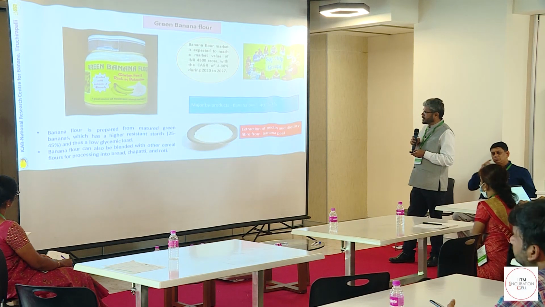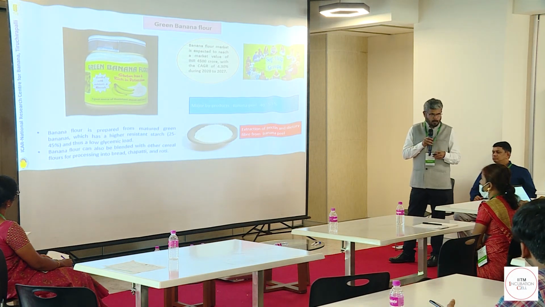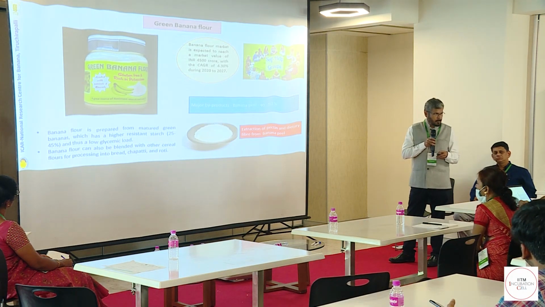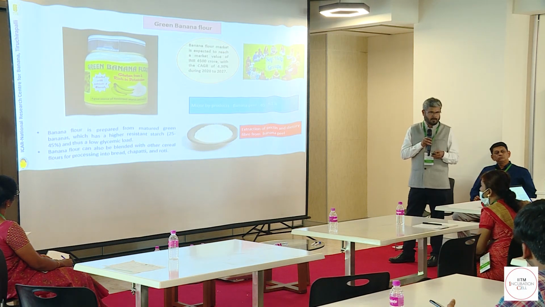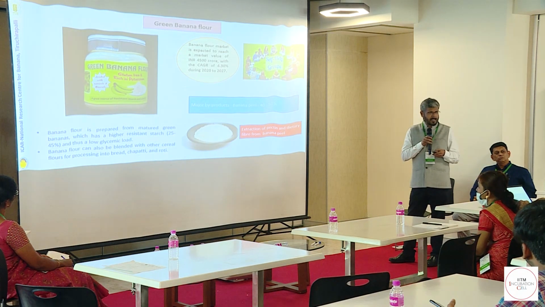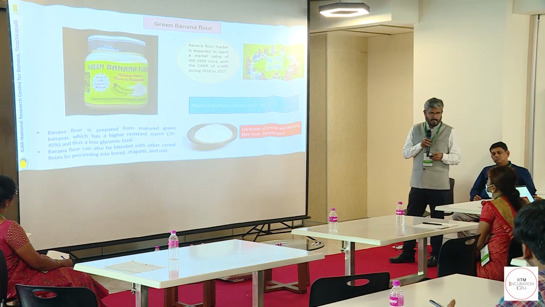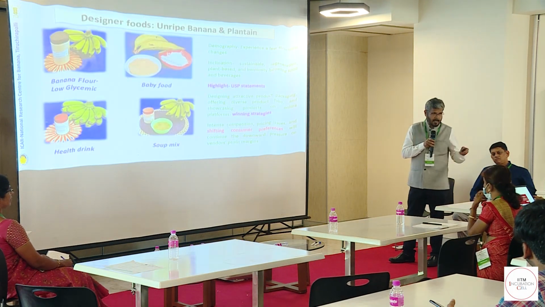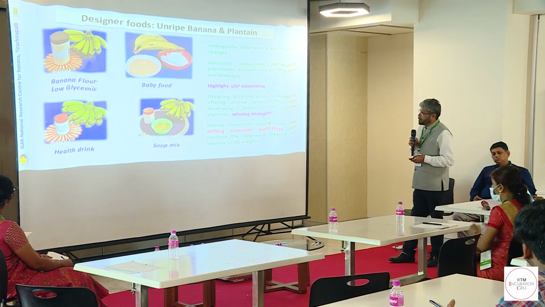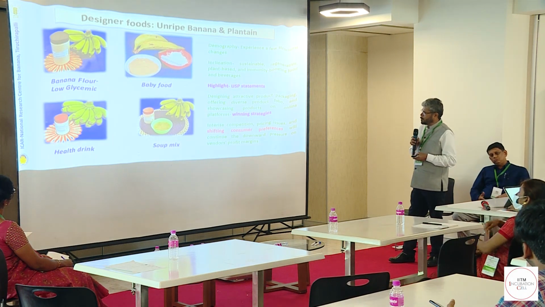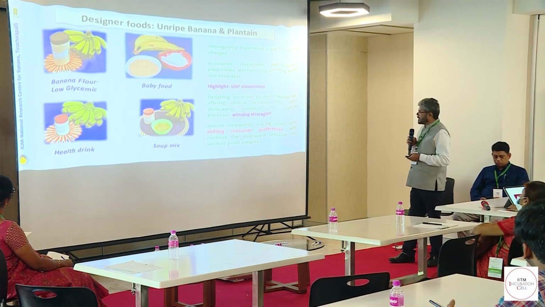Then banana green flour is a huge market, especially during cyclones. A lot of trees are felled before maturity of the fruits. Those fruits contain a lot of starch that could be utilized, and even in the recent hailstorm you would have seen. And again, baby food flour, low glycemic, soup mix, health drinks, designer foods could be made.